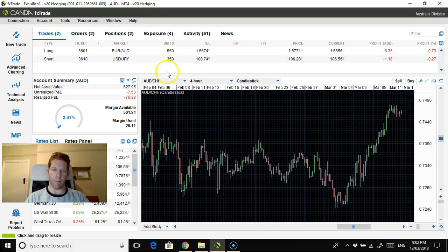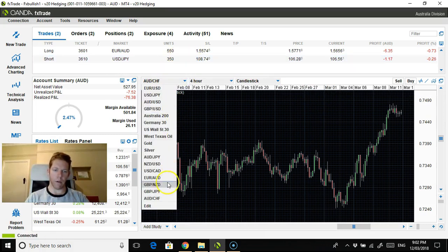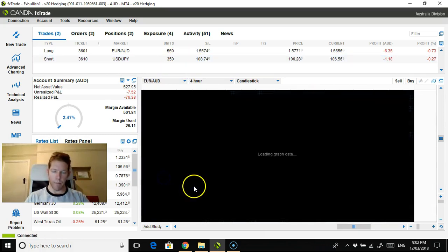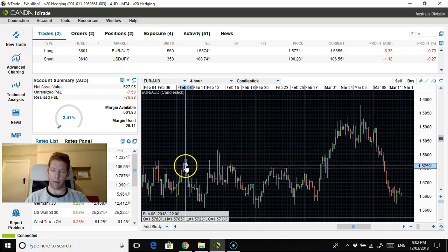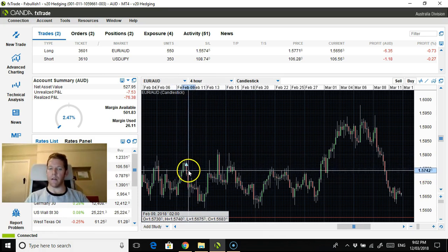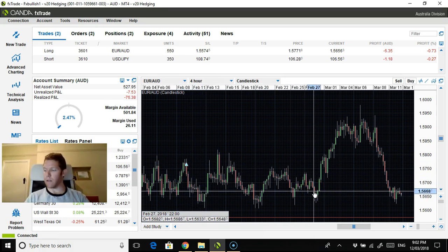We'll go through the trades, starting with the Euro Aussie. This trade has been open since the 9th of February, so you've got to be aware of that. It's more than a month now.